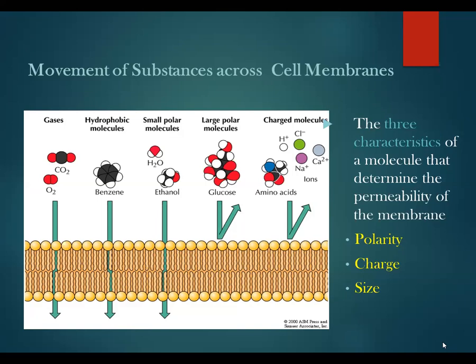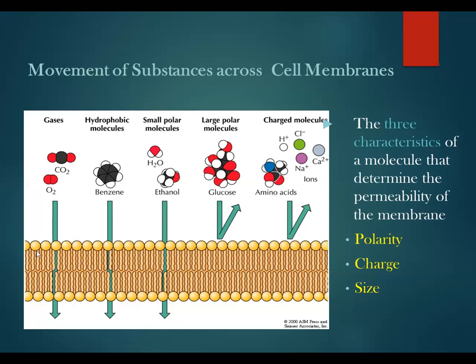The problems start for those molecules which are polar and larger in size, and also those molecules which are small but charged. Thus, they are smaller in size, but they are charged. So the major problem, with respect to the initial knowledge of the cell membrane, exists for the large polar molecules and for those molecules which are charged.